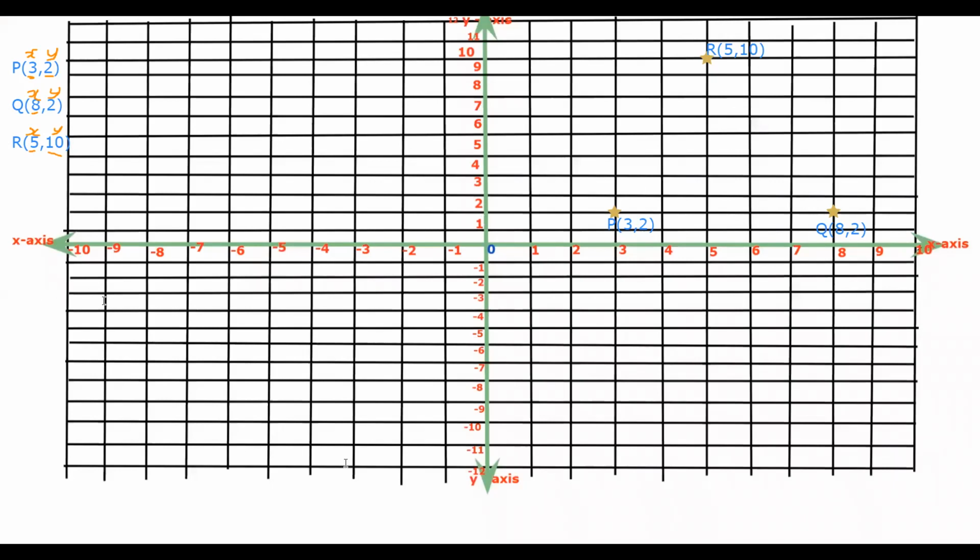And then the question asks you to join the points together to form a shape. Okay, good. So we are going to join these points together to form a shape here. Now, let's see our shape.